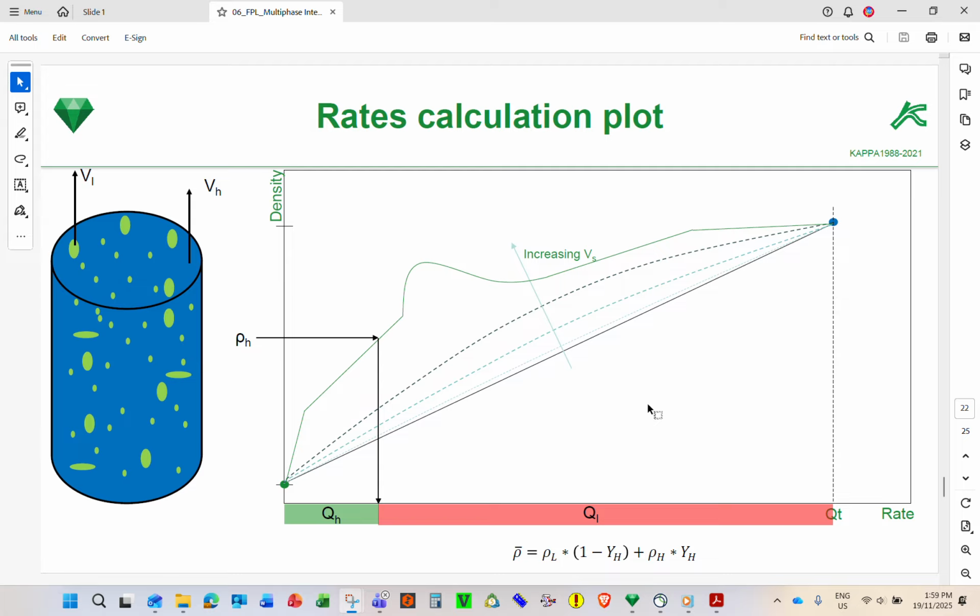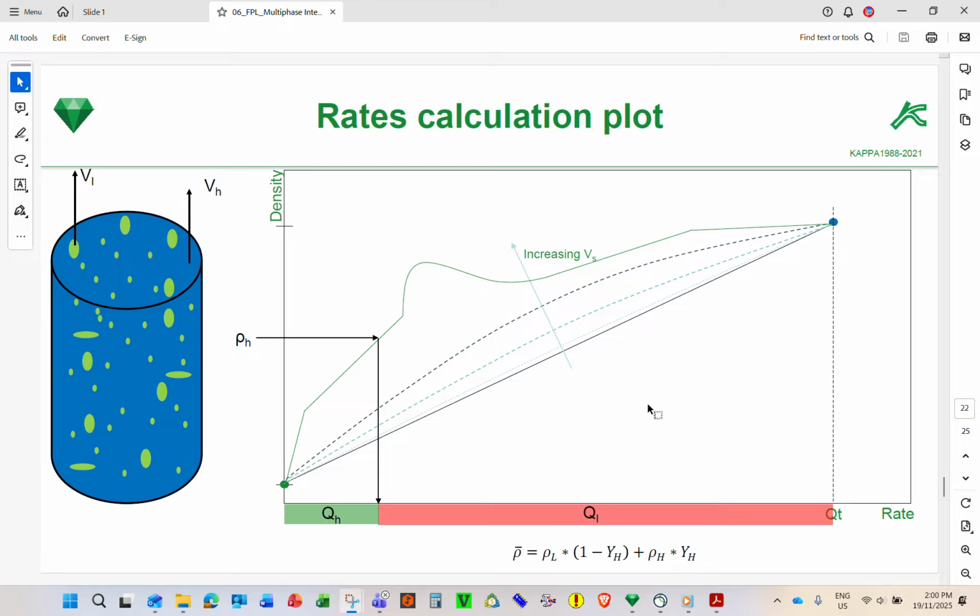So it depends on the flow regime. If you are dominated by the heavy phase, with a very small amount of light phase, what kind of flow regime? Heavy phase, small gas.